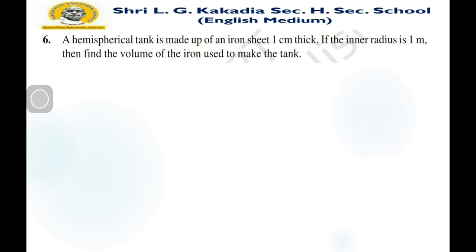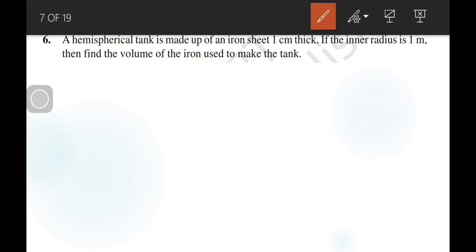Example number 6. A hemispherical tank is made up of an iron sheet 1 centimeter thick. If the inner radius is 1 meter, then find the volume of iron used to make the tank. So here given one hemispherical tank, as you can see here, this type of hemispherical tank is given.